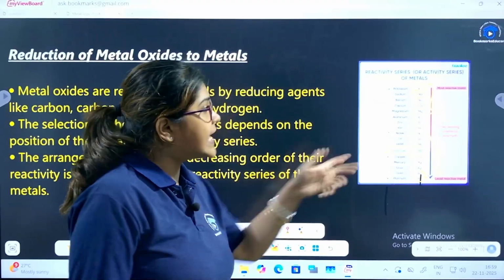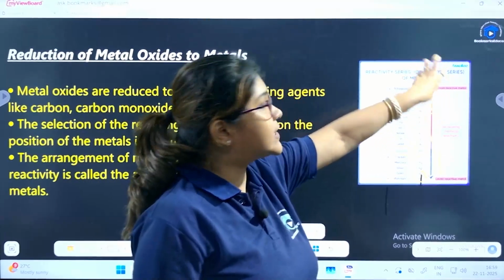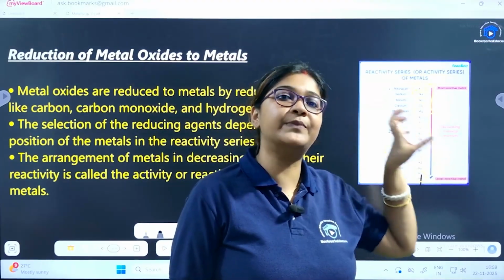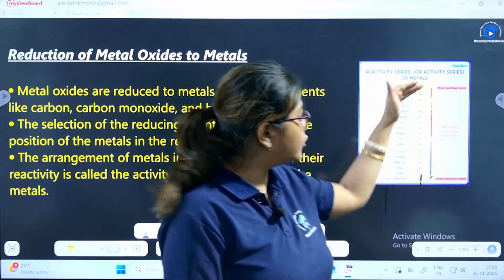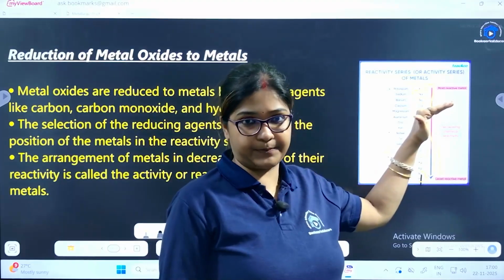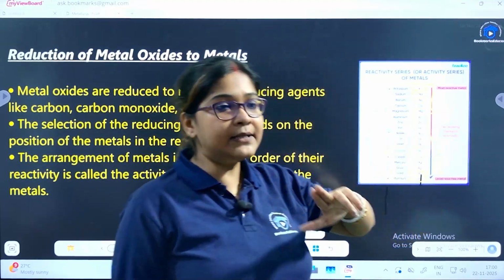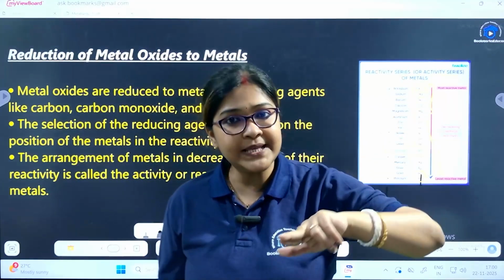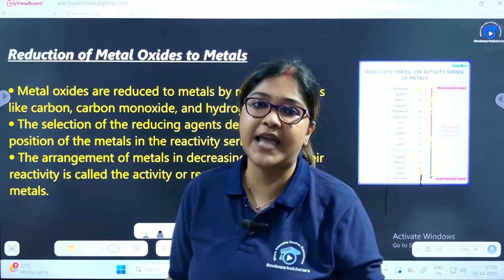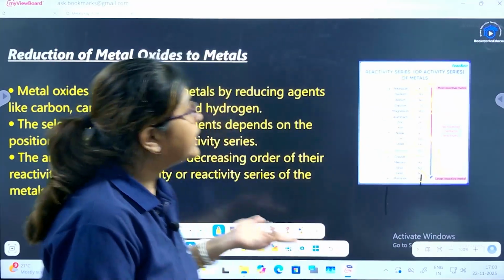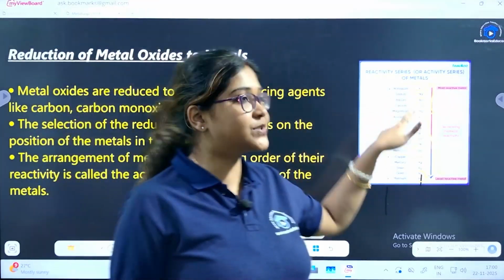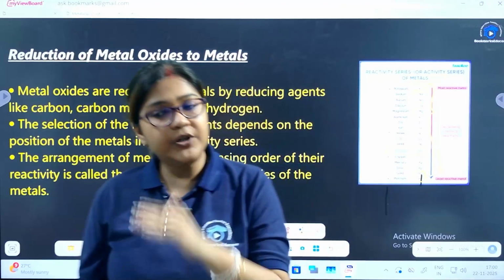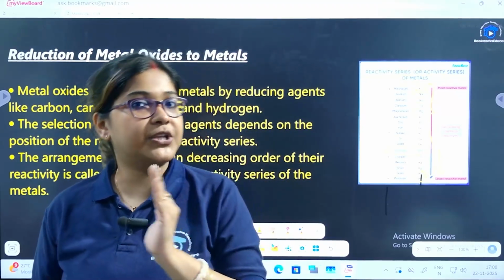Now, in the activity series, there are some facts. The metal which occupies the top of the activity series can displace the metals from their salt solutions that lie lower than that particular metal. And when the difference in their positions is large, the displacement reaction will be faster. The oxides of potassium and sodium cannot be reduced by reducing agents like carbon, hydrogen and water.